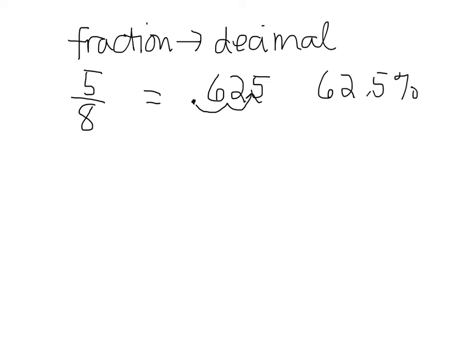If you happen to forget this, because the fraction bar means divided by, in a calculator you can say 5 divided by 8, and your calculator will give you the handy result of 0.625. And from there, because we know how to go to percent, we can see that.